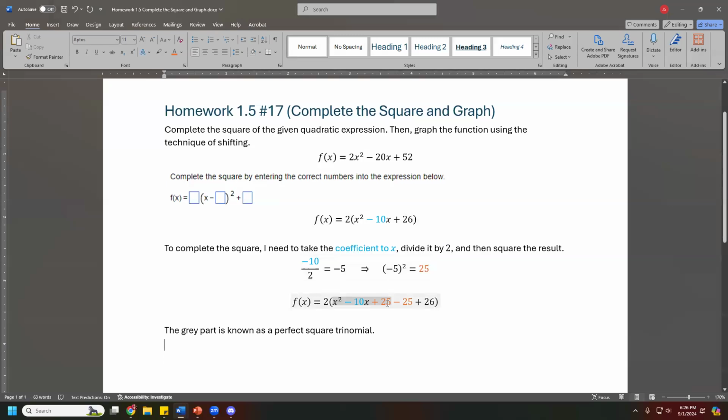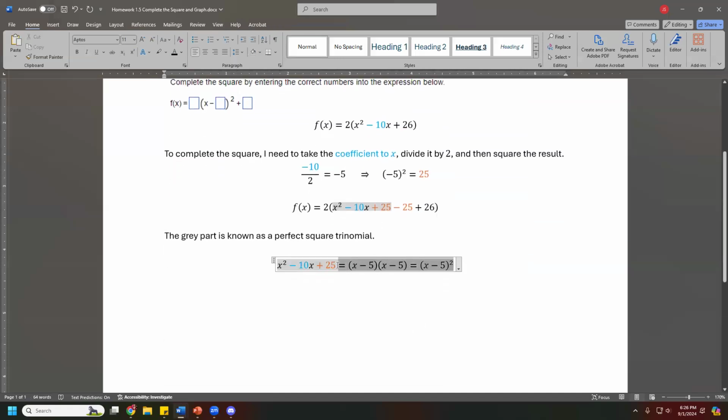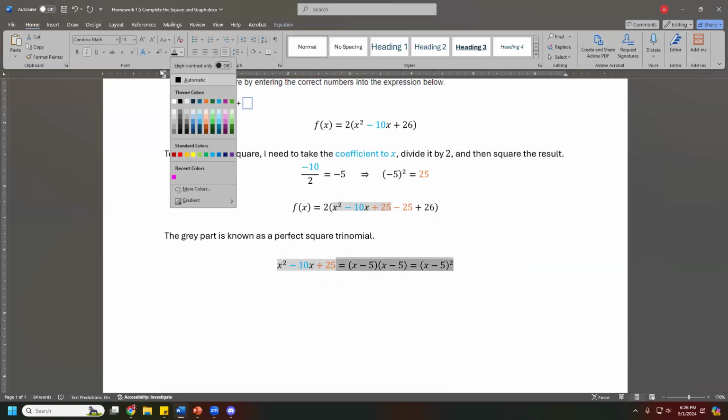So just in the gray part over here, I'm looking for numbers which multiply to 25, but add to -10. And that's going to be x minus 5, in other words, x minus 5 squared. That's why they call this a perfect square trinomial, because this ends up being parentheses squared.